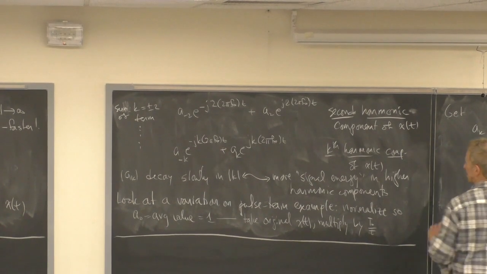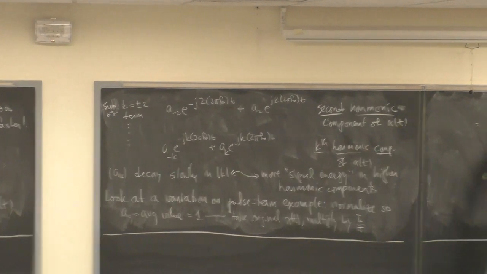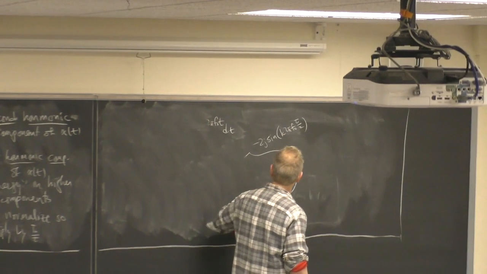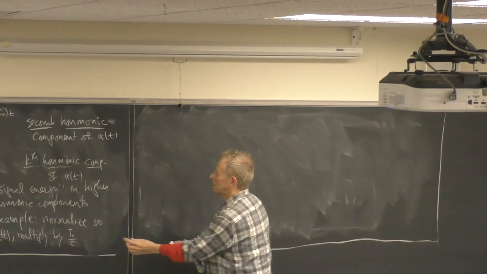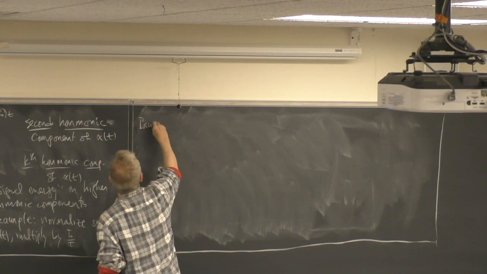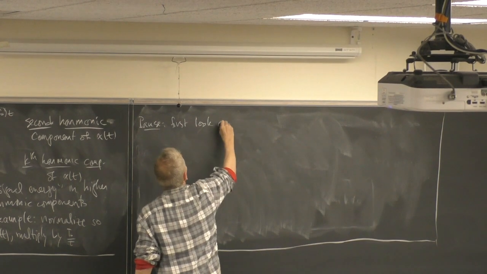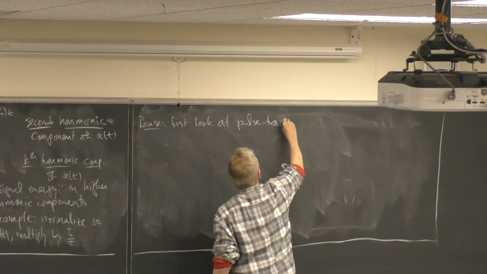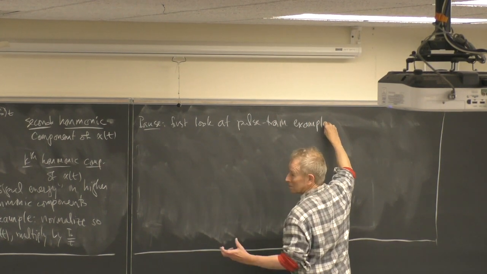Let me do an interjection here. I don't like to do this, but I'm going to do it anyway. So pause this for a sec. I just really quickly want to look at the pulse train example when tau is exactly half of a period.